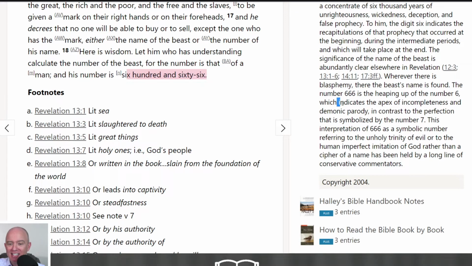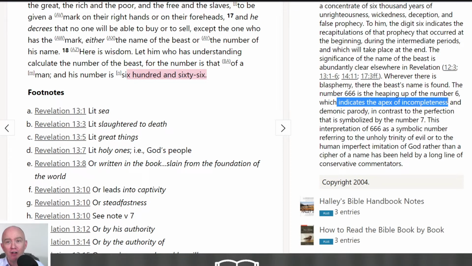It indicates the apex of incompleteness. So if 7 is the fullness, the completeness, 6 is as close as you can get to complete, but not. It's like a parody of completeness. It's the idea we see in Antichrist. The Antichrist is a figure who looks in some ways messianic, but he's the opposite, because instead of leading people to worship God, he leads people to worship himself.